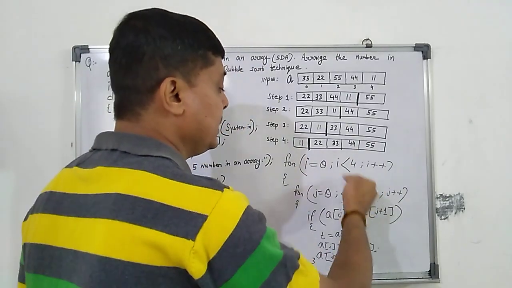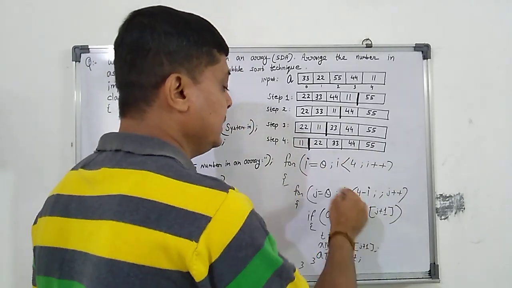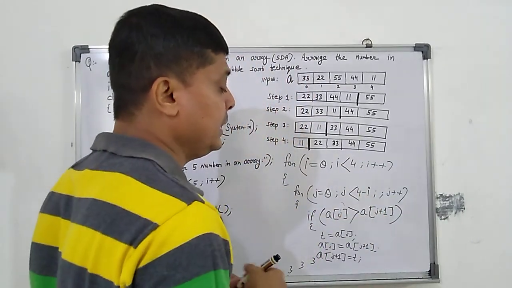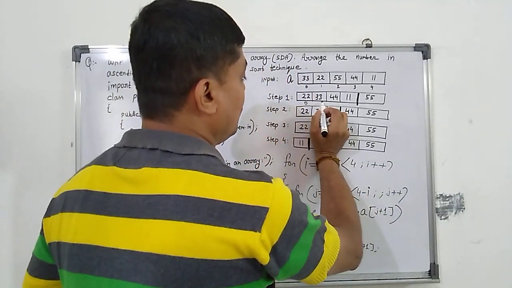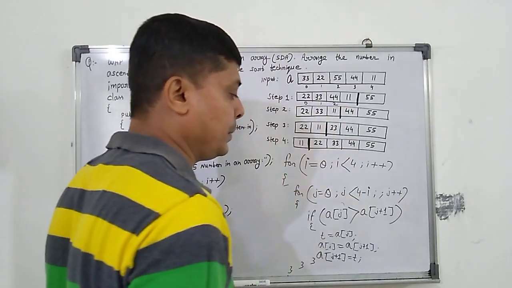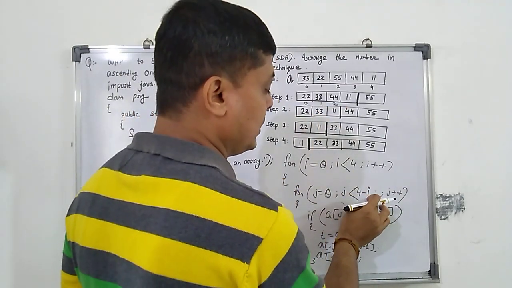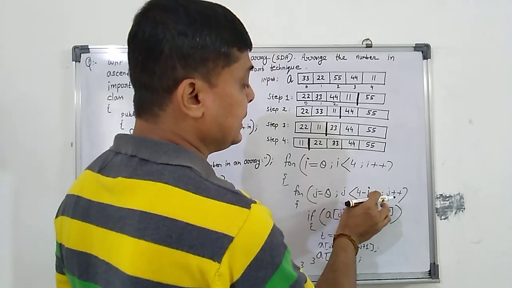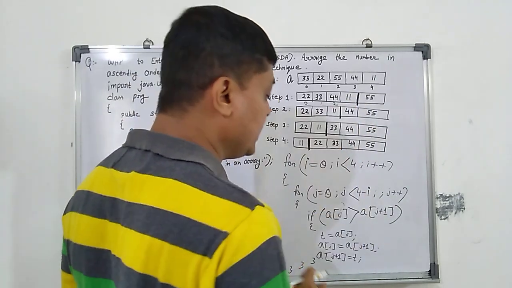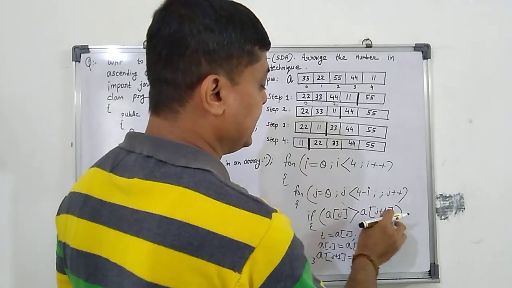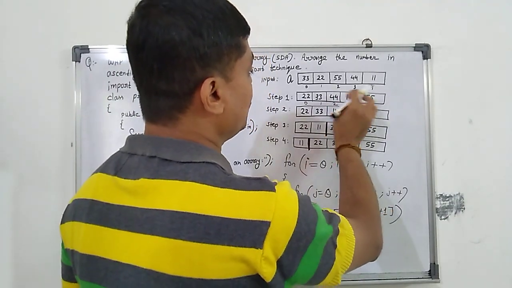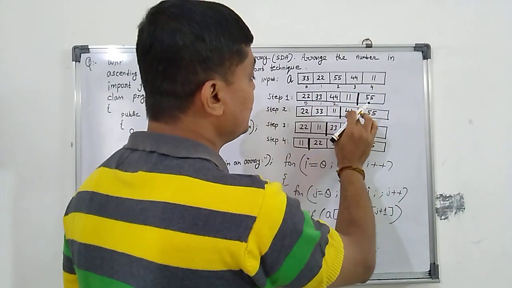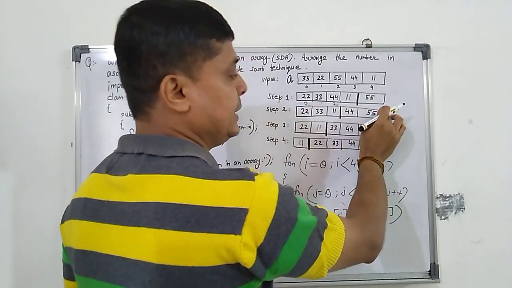In round number two, when the array value is 0 after 1, it will be 4 minus 1, so j less than 3, up to 2, यहाँ तक ऑपरेट होगा. 4 minus 1 मतलब 3, j लेस देन 3, तो लेस देन 3 मतलब 2 तक चलेगा. So when it is 2, this one is 3, these two compare and the heaviest, biggest value moves. So 44 moves here. Already this one is sorted.